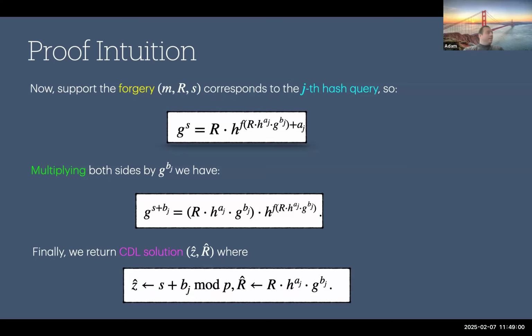And then it cancels out, so you just have a solution to CDL here.